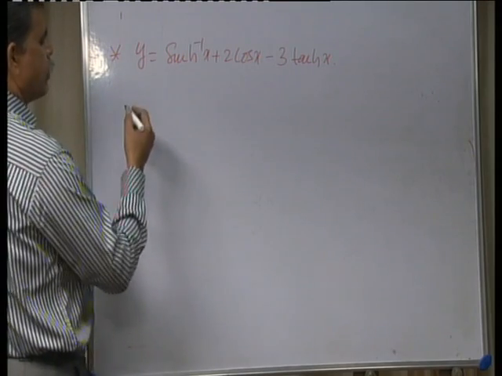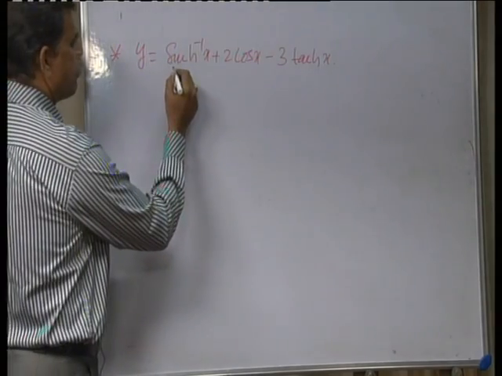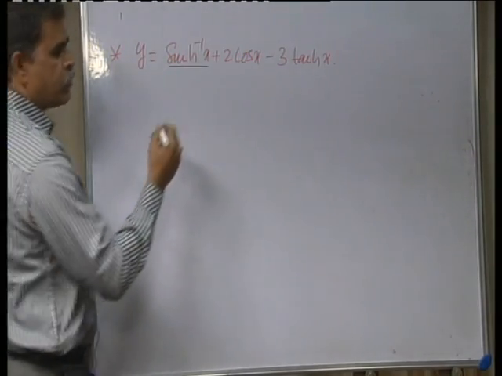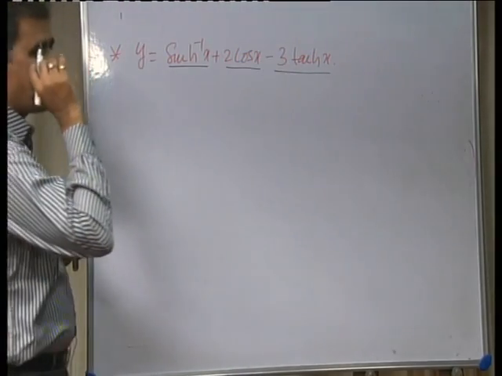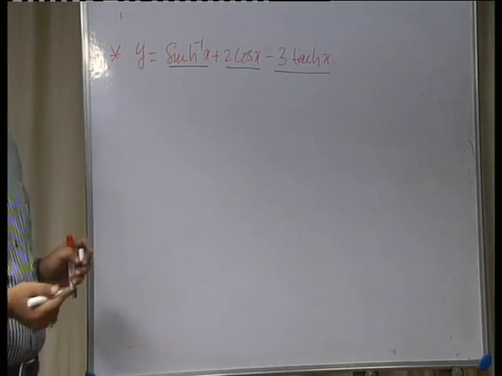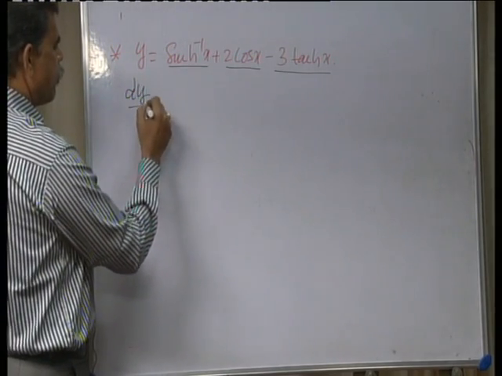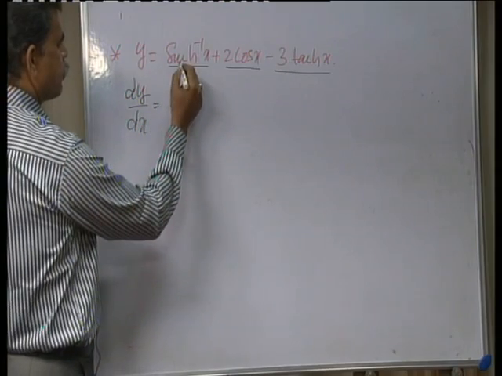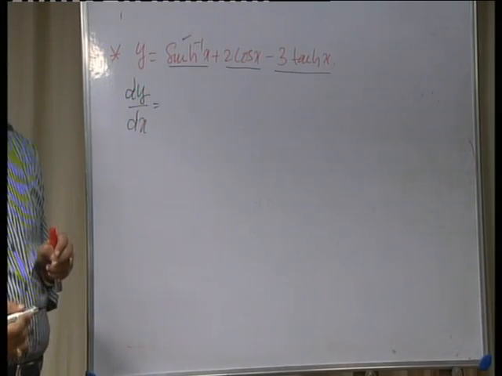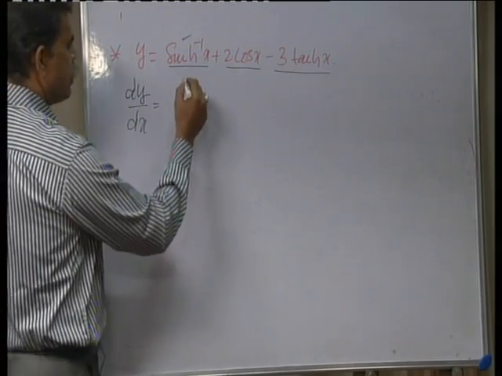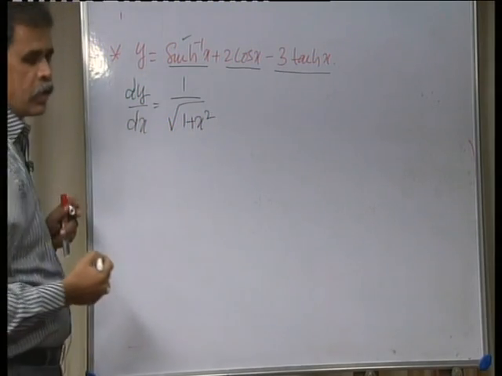By differentiation it will become what? Differentiation of sinh inverse x plus differentiation of 2 cos x, differentiation of minus 3 tanh x. It is the sum or difference rule. dy by dx is equal to, differentiation of sinh inverse x is what? Just I showed it, it is 1 by root of 1 plus x square. Is it clear?